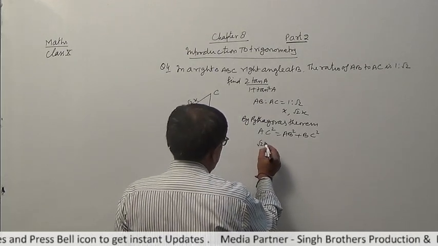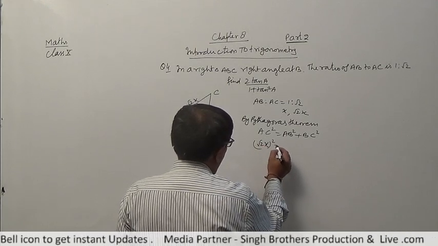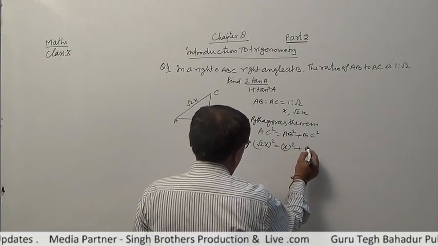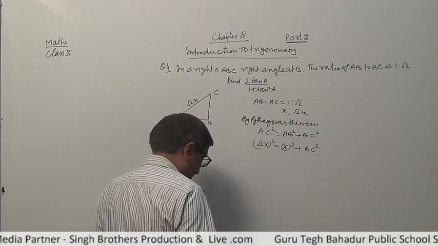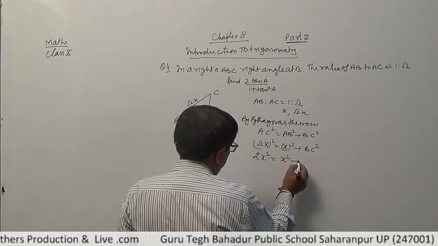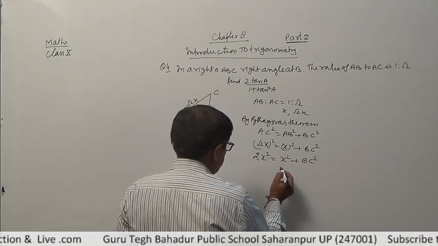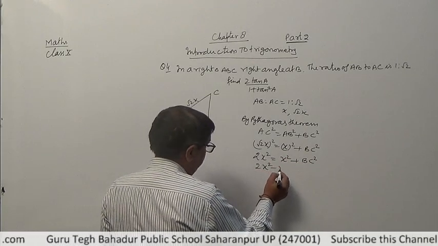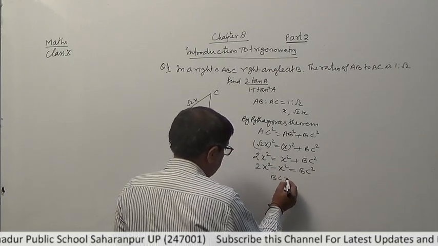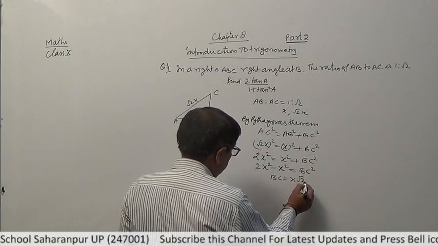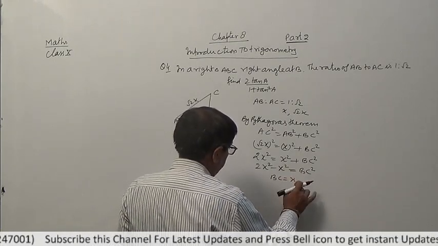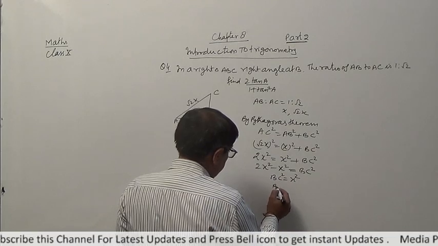AC is root 2x square, which is 2x square, AB is x square, so 2x square minus x square is equal to BC square, and BC is x.